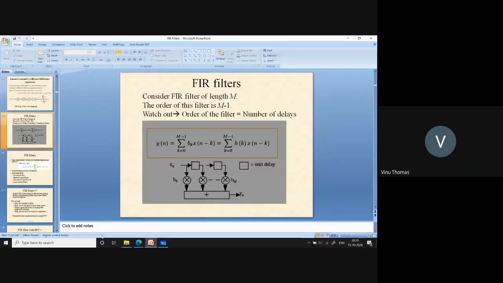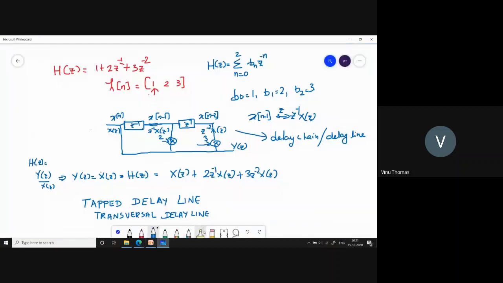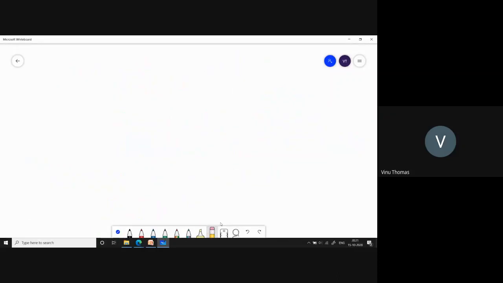So let us go back to our whiteboard and see an example for that. So a typical example could be something like this. I can have a signal x(n) having, let's say, 1000 samples.